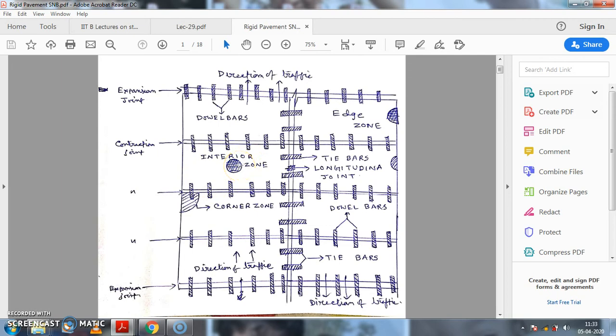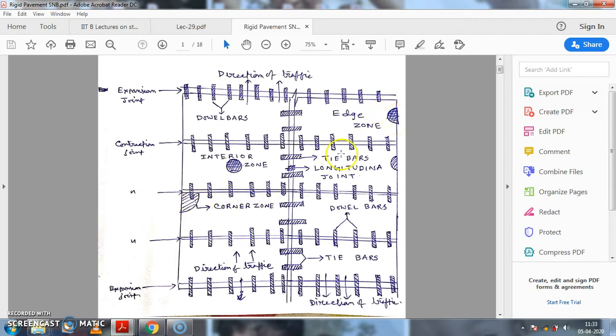As per Westergaard, interior zone is quite safe, but if we see the corner zone or the edge zone, we will find that these zones are very much severe, because vehicular load cannot rest in a uniform way for the corner zone or the edge zone.